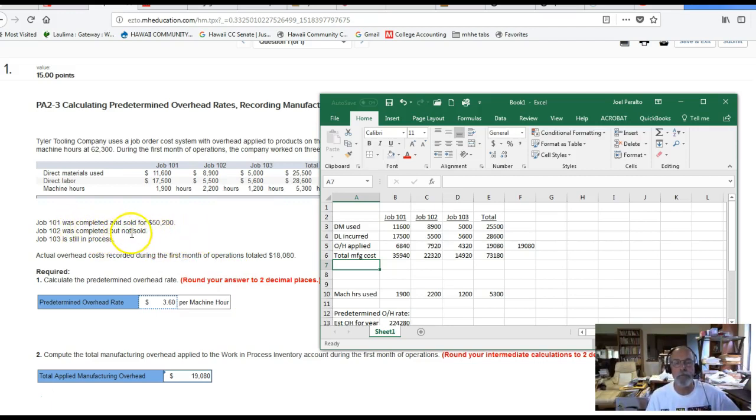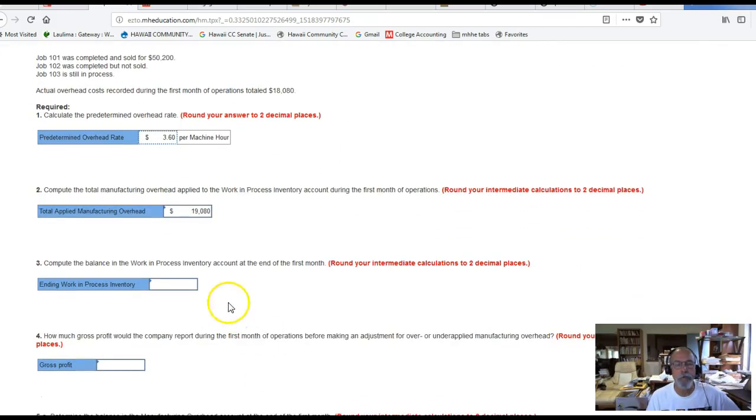And then we need to consider that Job 101 was completed and sold. Now again, remember this requirement is asking for the balance in work in process at the end of the first month.